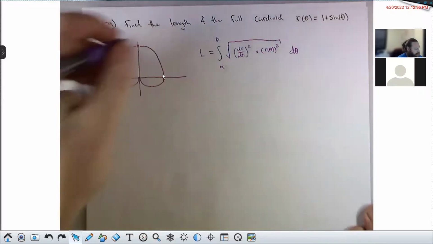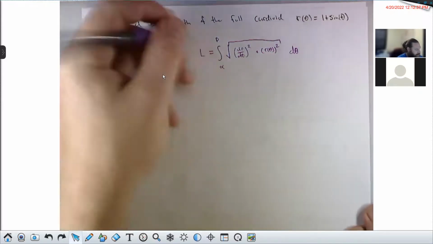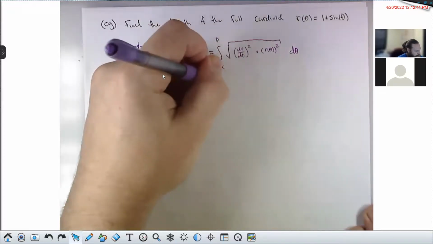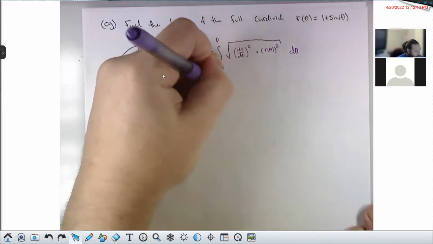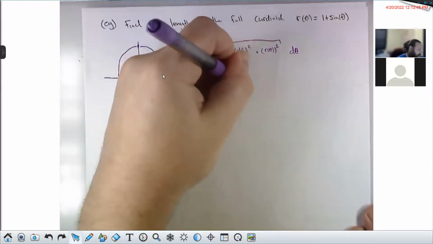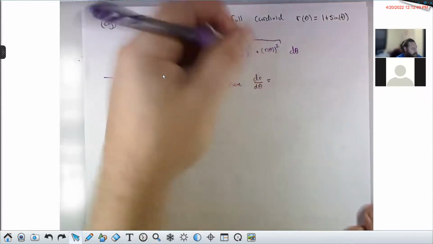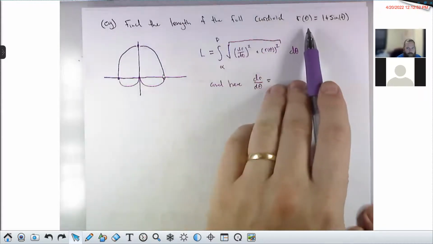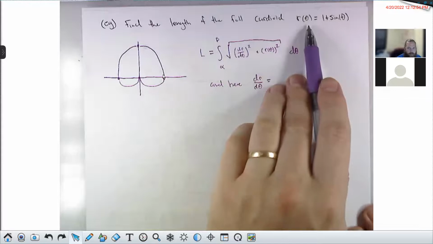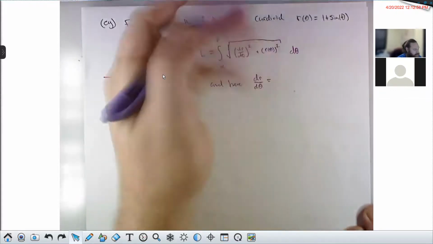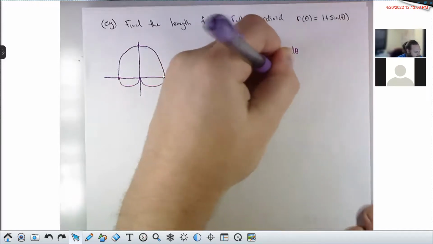I need to calculate our dr d theta. That's the regular derivative of r of theta. R is a function of theta, so dr d theta is just what you get when we take the normal derivative here. 1 differentiates to 0, sine differentiates to cosine.